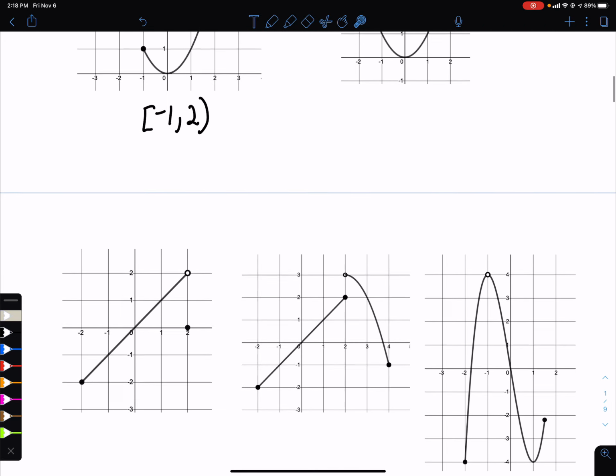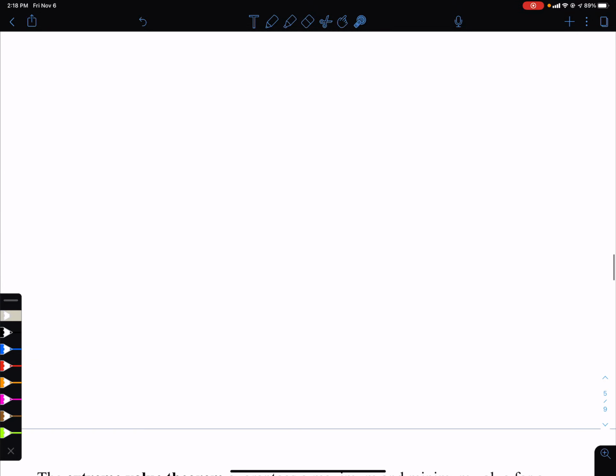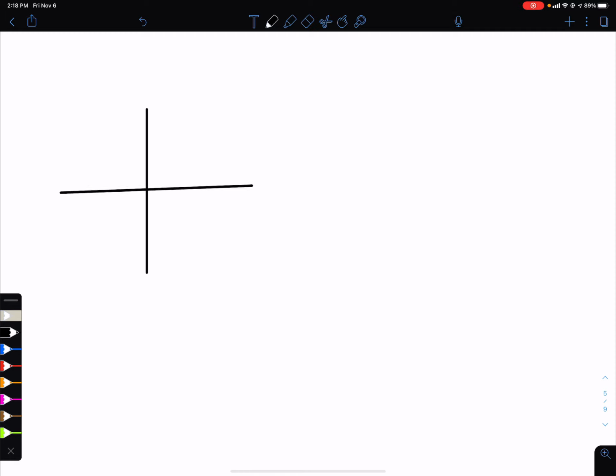I will give you 2 examples. So let me go to some blank space. Just because you have a critical point doesn't mean that you have a relative max or min. I'm going to give you 2 graphs that perfectly illustrate this.